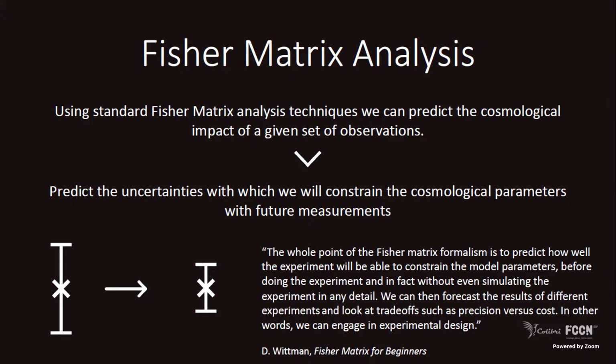I have a quote here, said by Whitman, that the whole point of the Fisher matrix formalism is to predict how well the experiment will be able to constrain the model parameters before doing the experiment, and in fact, without even simulating the experiment in any detail. We can then forecast the results of different experiments and look at the trade-offs, such as precision versus costs. In other words, we can engage in experimental design.